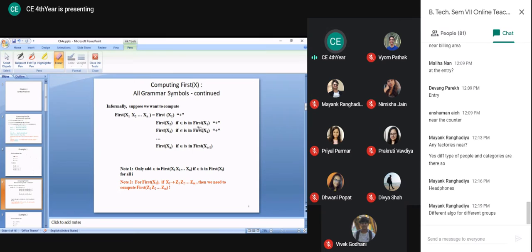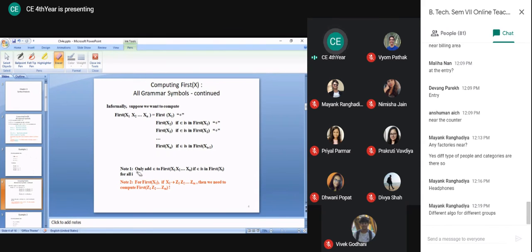So there is a similar thing which we have discussed, plus, so it is a union operation, first of x3, it is a union of all these sets, first of x3 if null is in first of x2. So this up to first of xn, if null is part of first of xn minus 1.